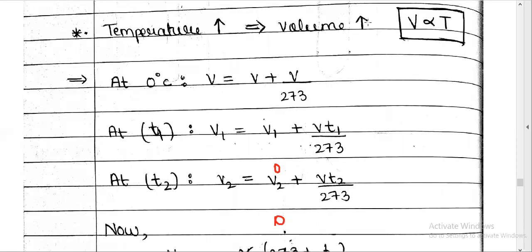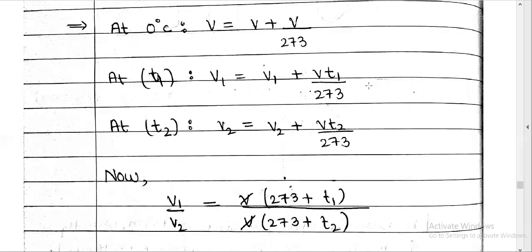If you talk about the ratio, V0 is a fixed volume, which is your molar volume. When you change the temperature, the volume will change accordingly.